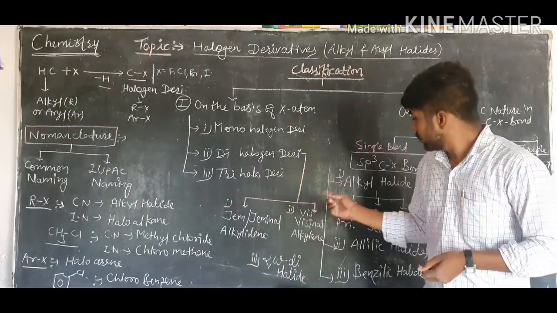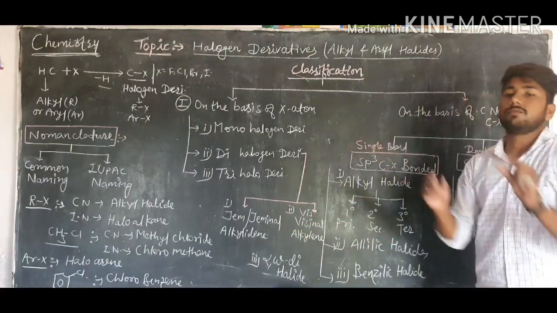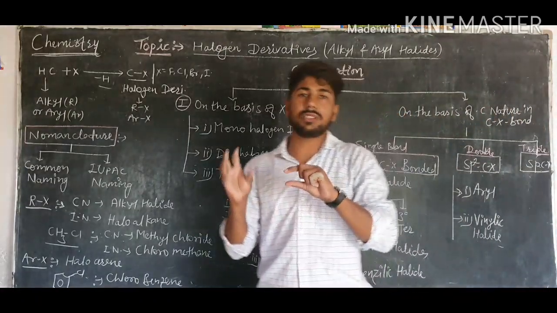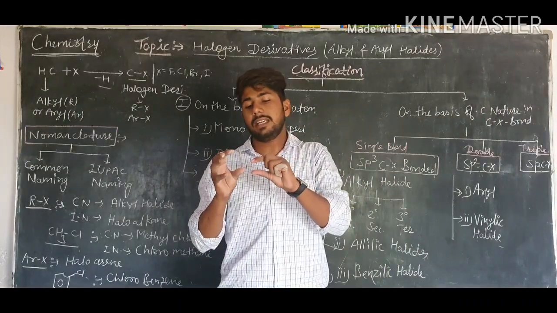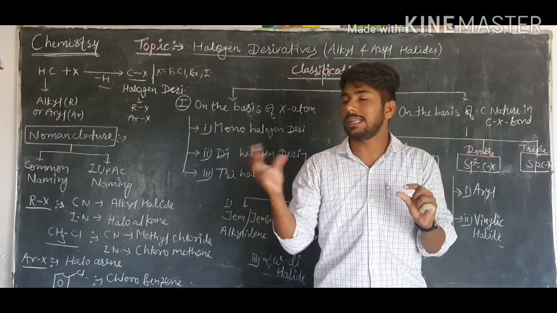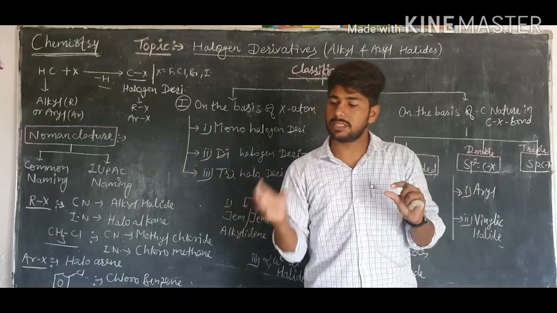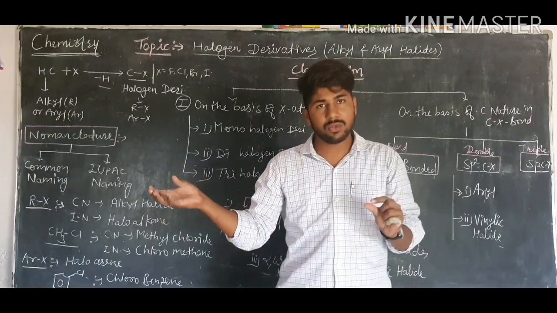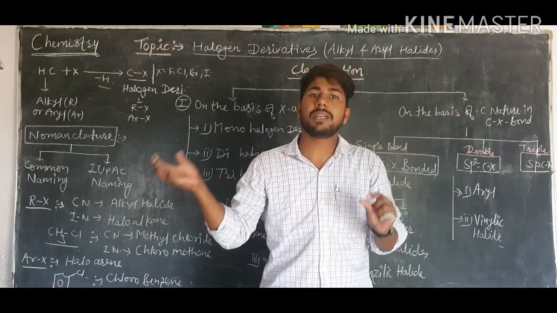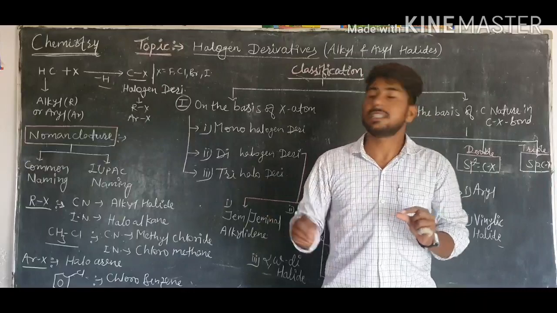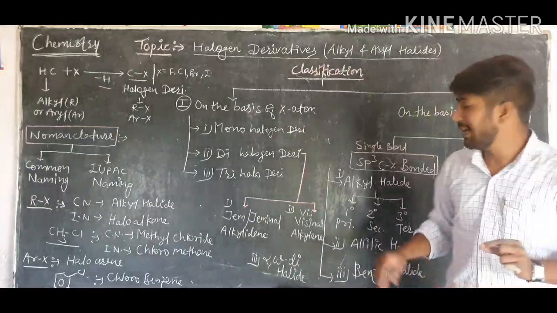We can understand it like this: the carbon is attached to the halogen, and its other valencies are attached to alkyl groups, that is, other carbon sequences. When one alkyl group is present on the carbon, it is called a primary alkyl halide.